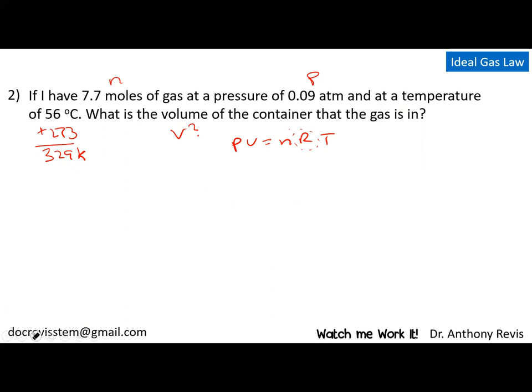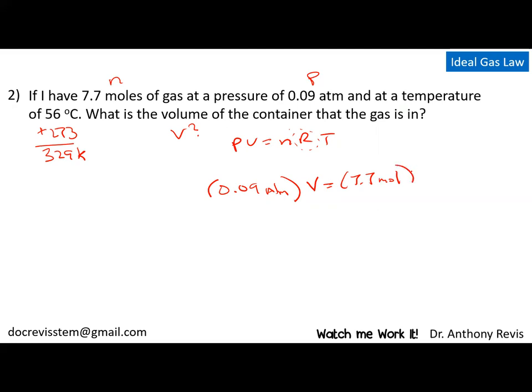So let's rewrite it here a little neater. 0.9 ATM. And we're looking for volume, so we'll just write V there. We have the moles given at 7.7 mole.